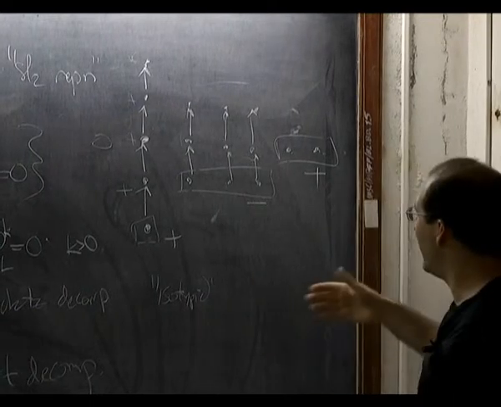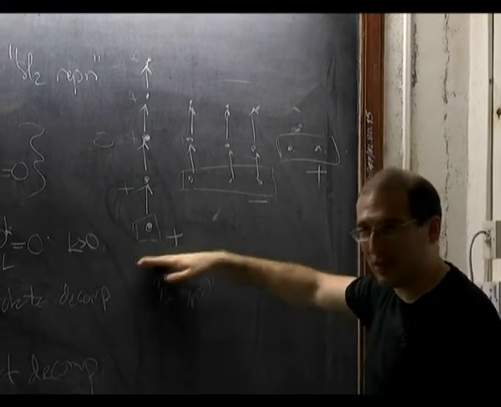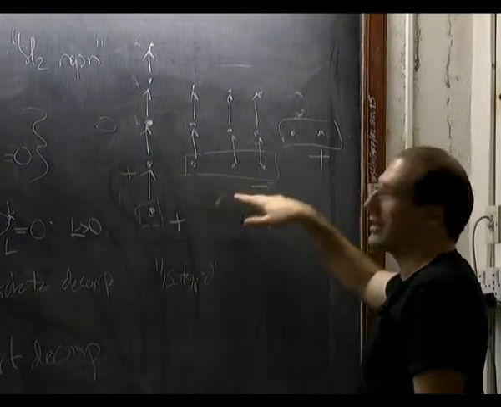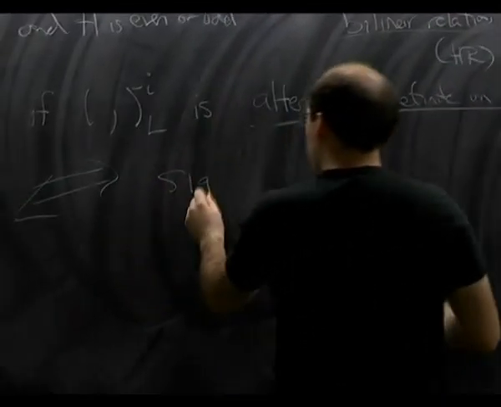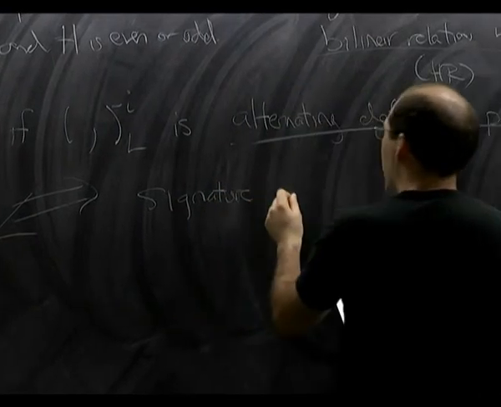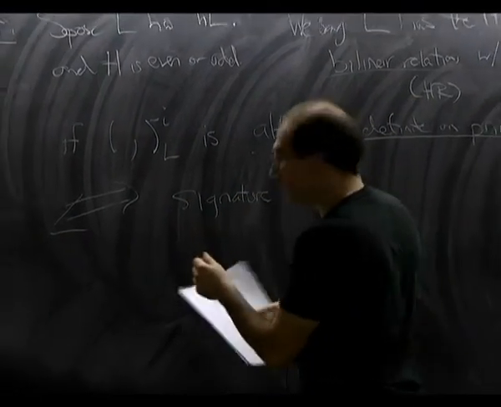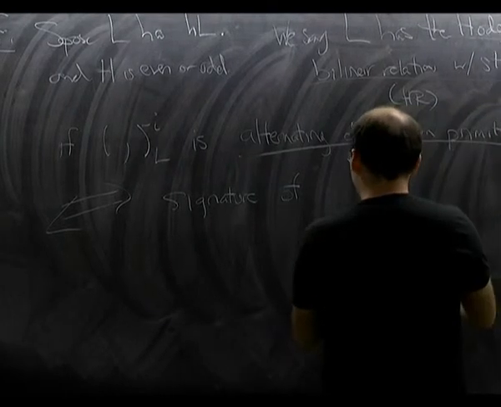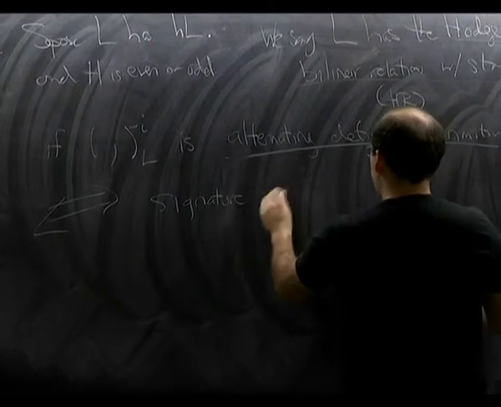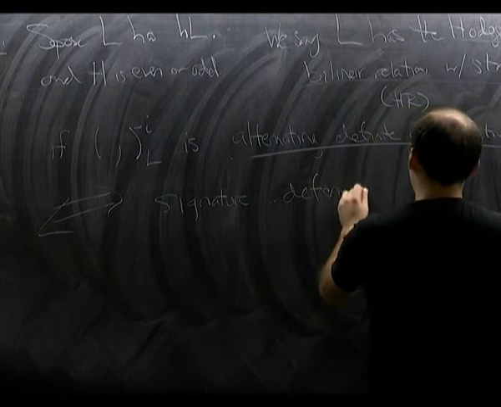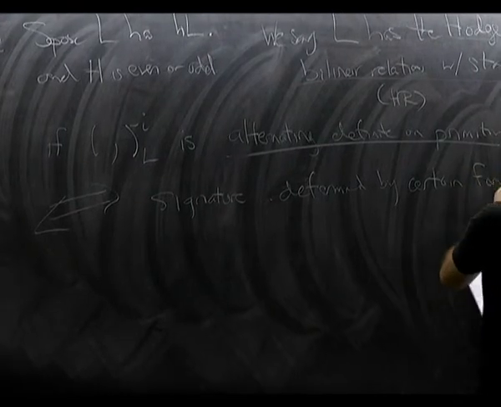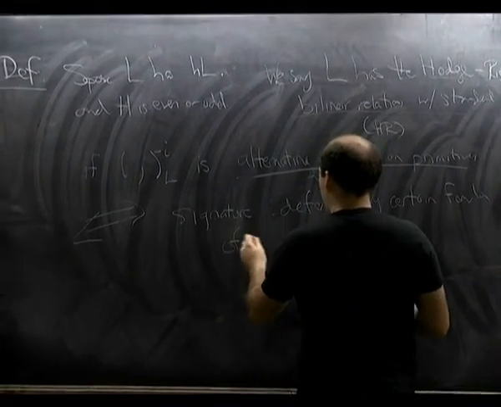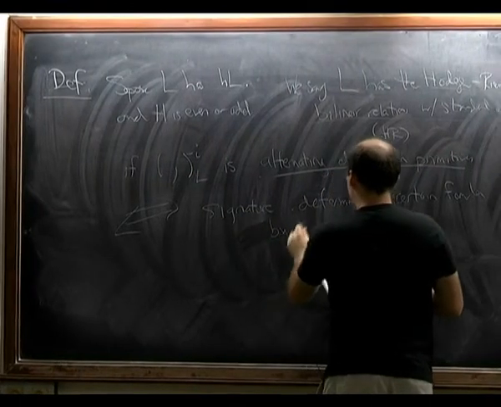Because you count the dimension of the lowest space, that's all positive, and then the next lowest space, everything else is negative, and you can find some formula to find the signature of an arbitrary degree. Yes, this is if and only if. So signature is determined by a certain formula by the graded rank.